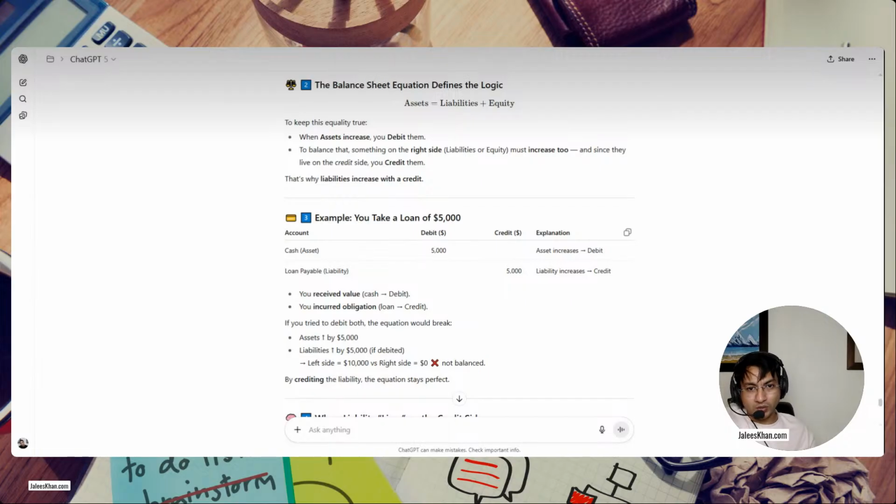So we take a loan, and that money comes from the loan. In this way it's the starting point of the transaction, and the cash increasing is the ending point.